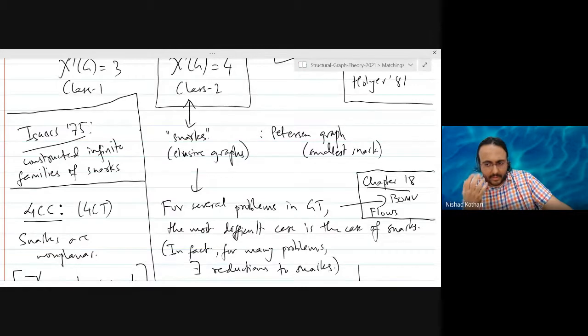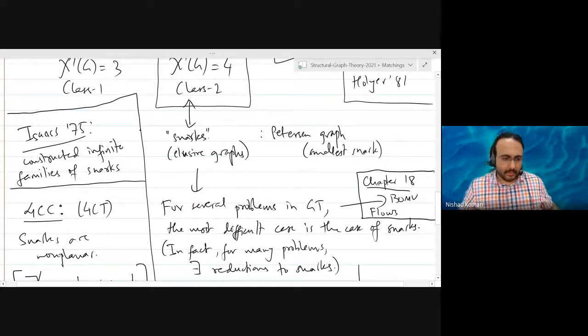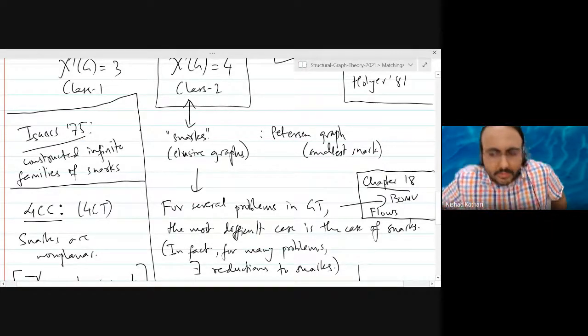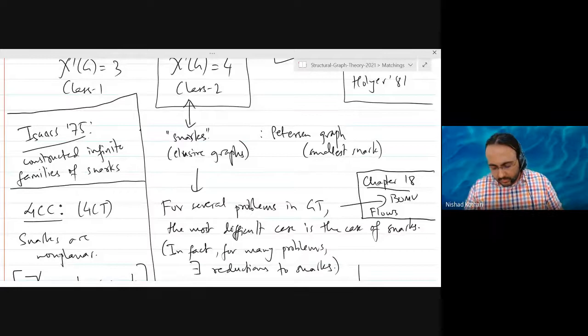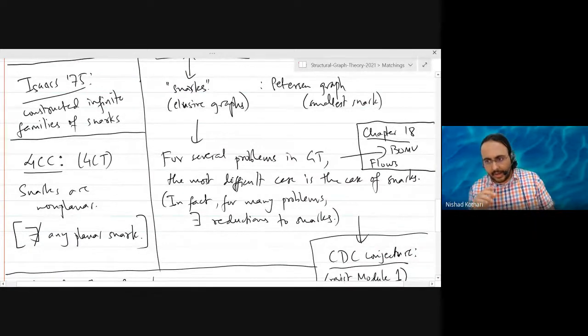They are related to group theory. So they are called group flows in graph theory. Right? So they are different from the network flows that you might have seen in other courses. Okay, so there are lots of interesting conjectures, and a good number of those conjectures you can reduce to snarks.